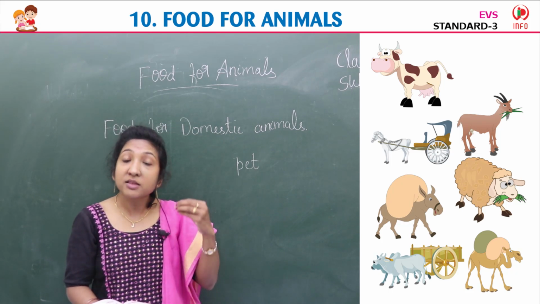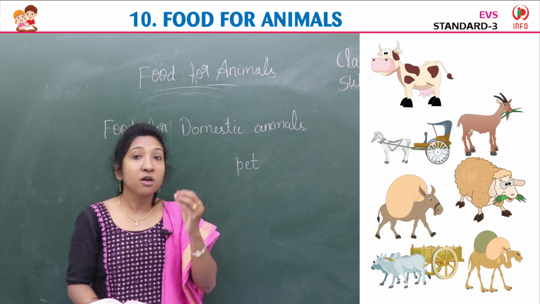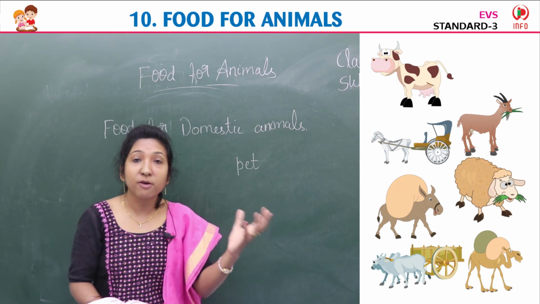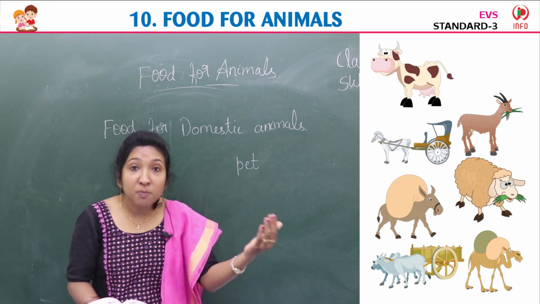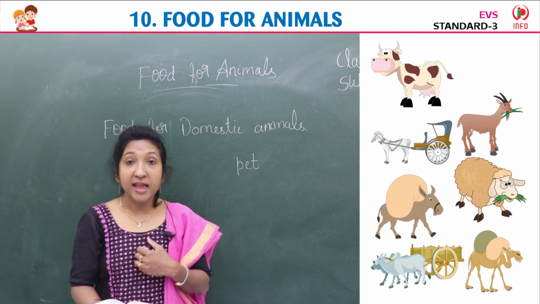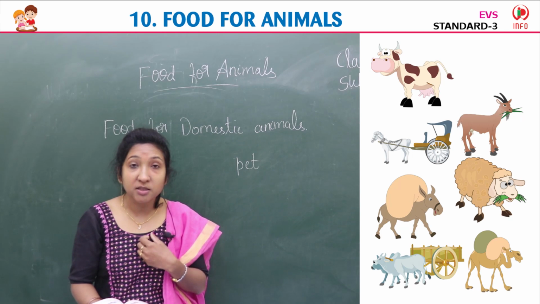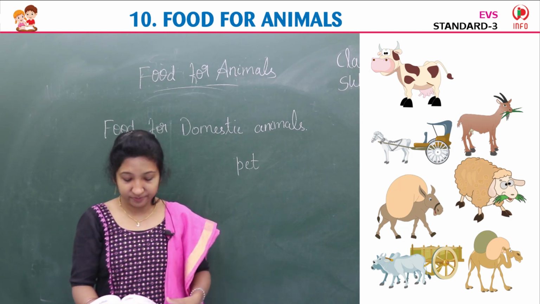Then only they stay active and healthy. We should give good food to them, the animals in the farm like cow, buffalo, horse. Then only they give good milk to us and give eggs to us. In houses we keep hens, isn't it? We should give good food to them.